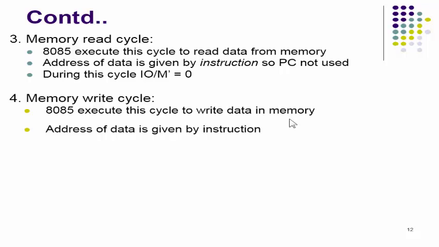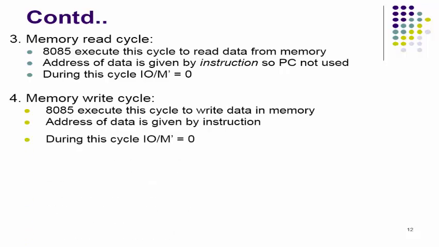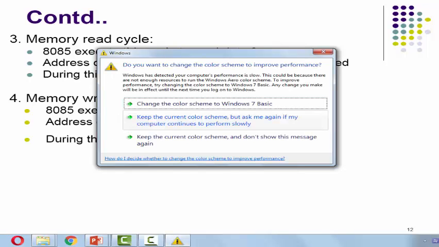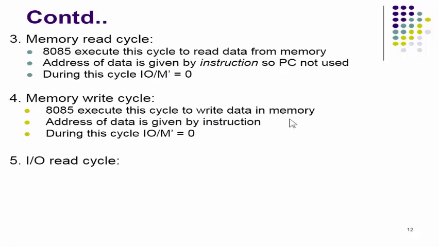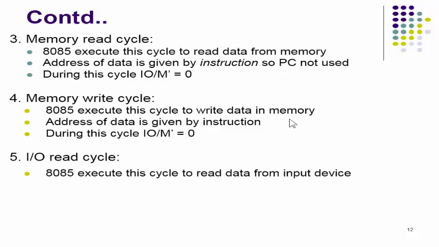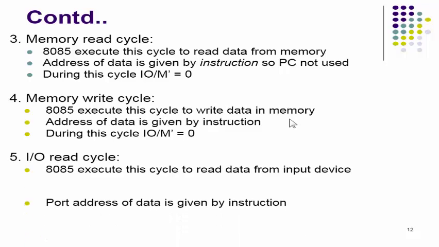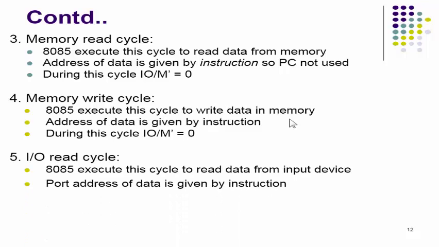So at that time 8085 executes this memory write machine cycle. In this case also the address of data is given by the instruction, or the address you will find in the operand field. During this particular machine cycle, IO/M bar is made low.